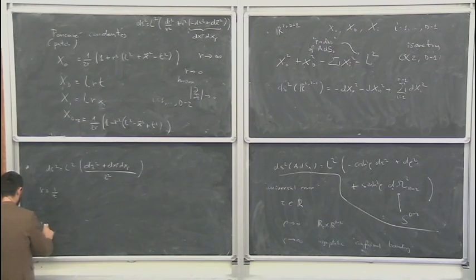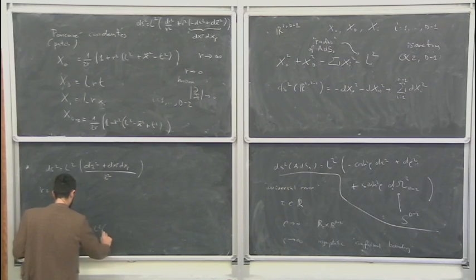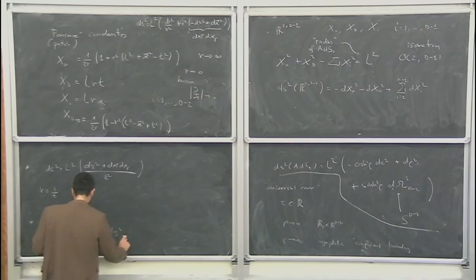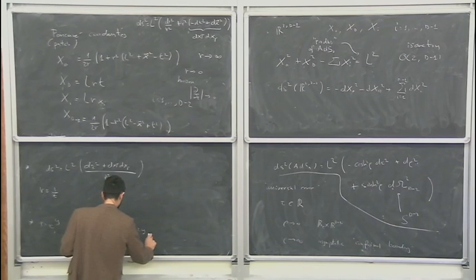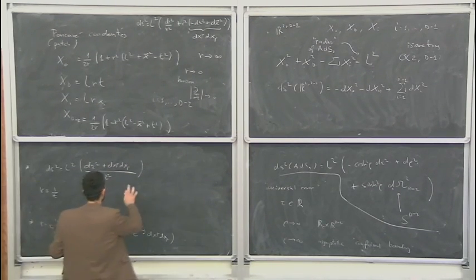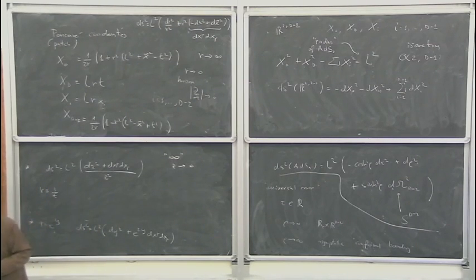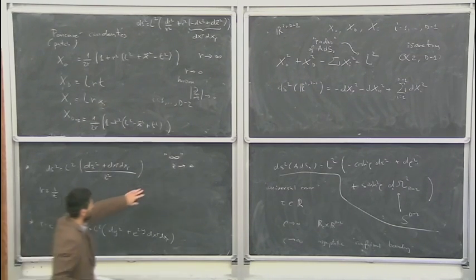Yet another one is r equal to e to the y, just to give a different name, in which the metric looks like L squared dy squared plus e to the 2y dx mu. So for example, let me point out that in these coordinates here, the boundary, so infinity, is reached as z goes to 0. Right? So you should not do the naive mistake of thinking that infinity has to go to infinity. Well, it's 1 over z that goes to infinity.